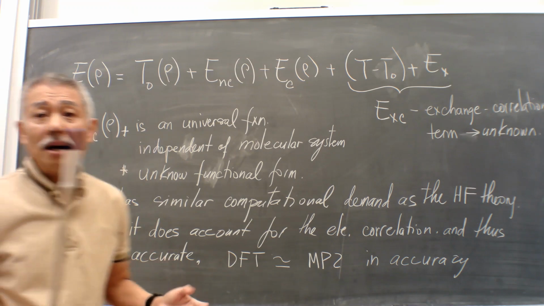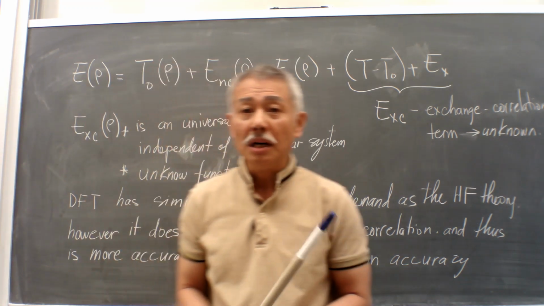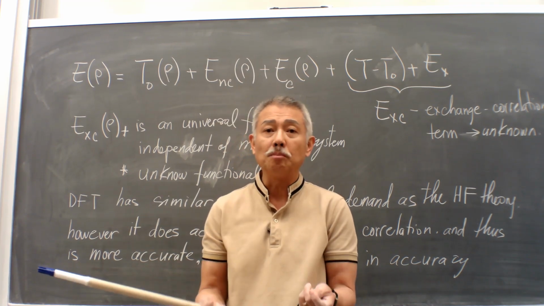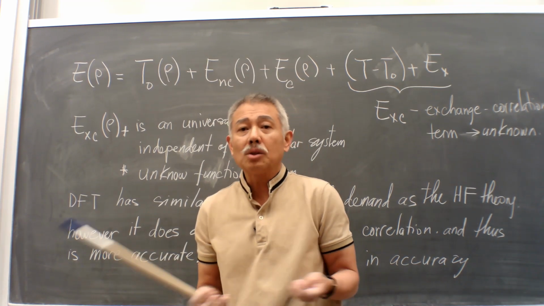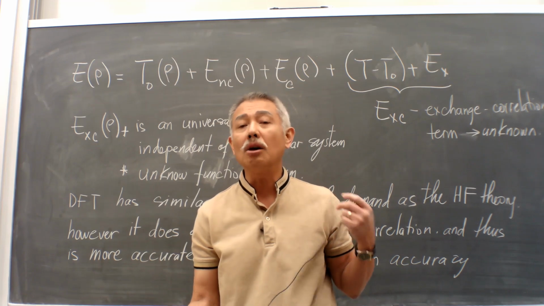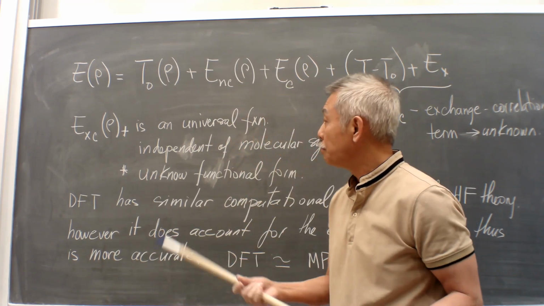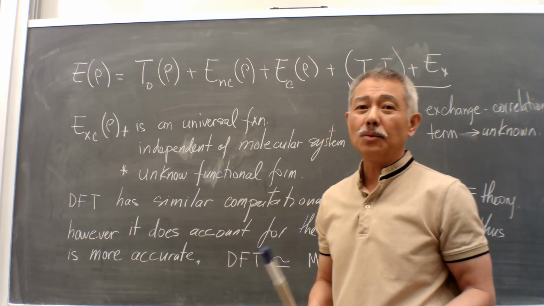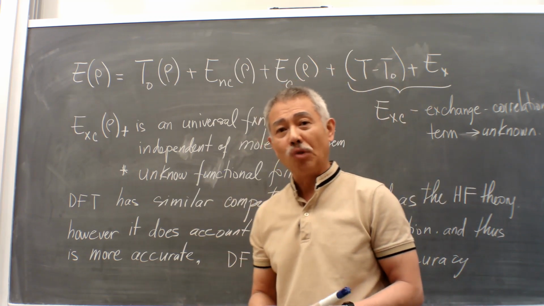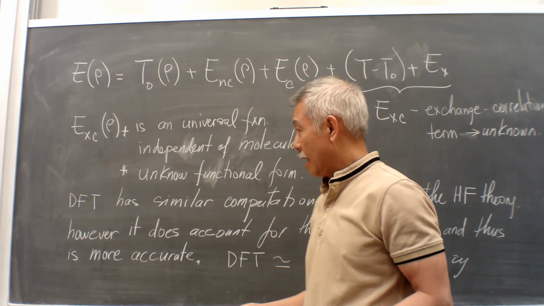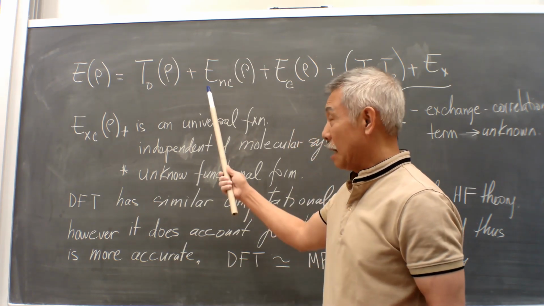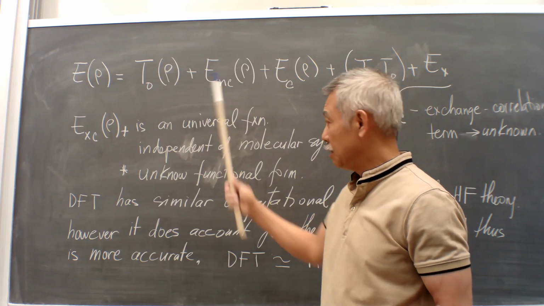It's independent of the molecular system. So once you design that functional form, you can apply it to small molecules, atoms, solids or proteins. Okay. The only issue with this is we really don't know the form for that, and have no idea much. So as I mentioned, it's still fundamentally exact.